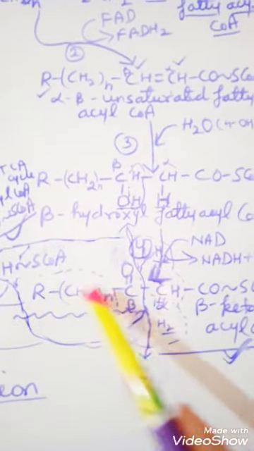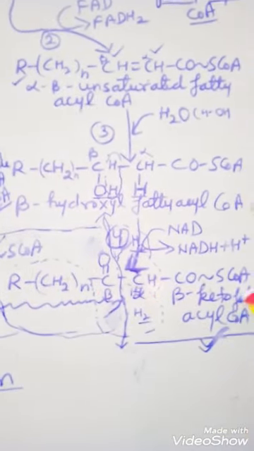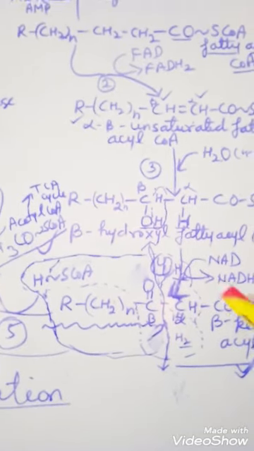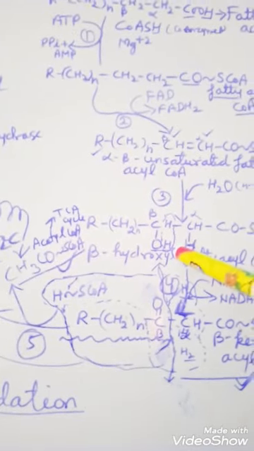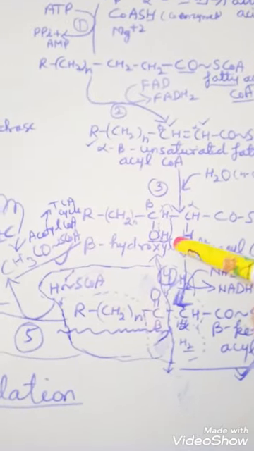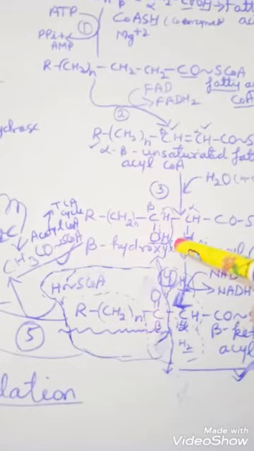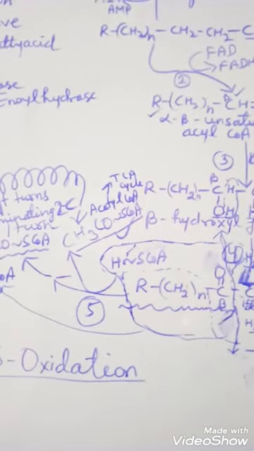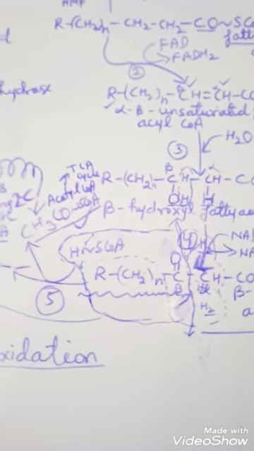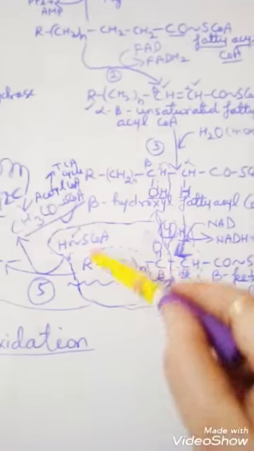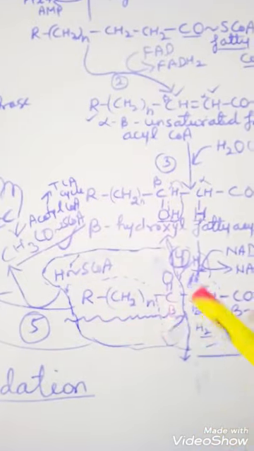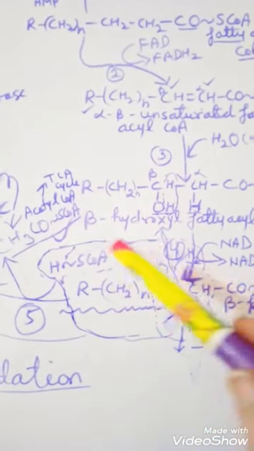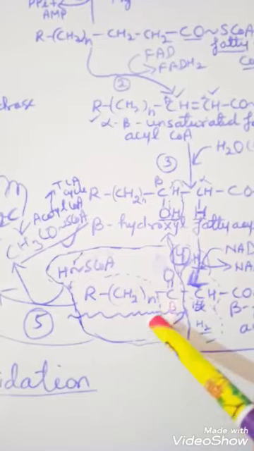Now this beta keto fatty acyl coenzyme A shows the cleavage. You could see I have tried to isolate one of the components after step 5.